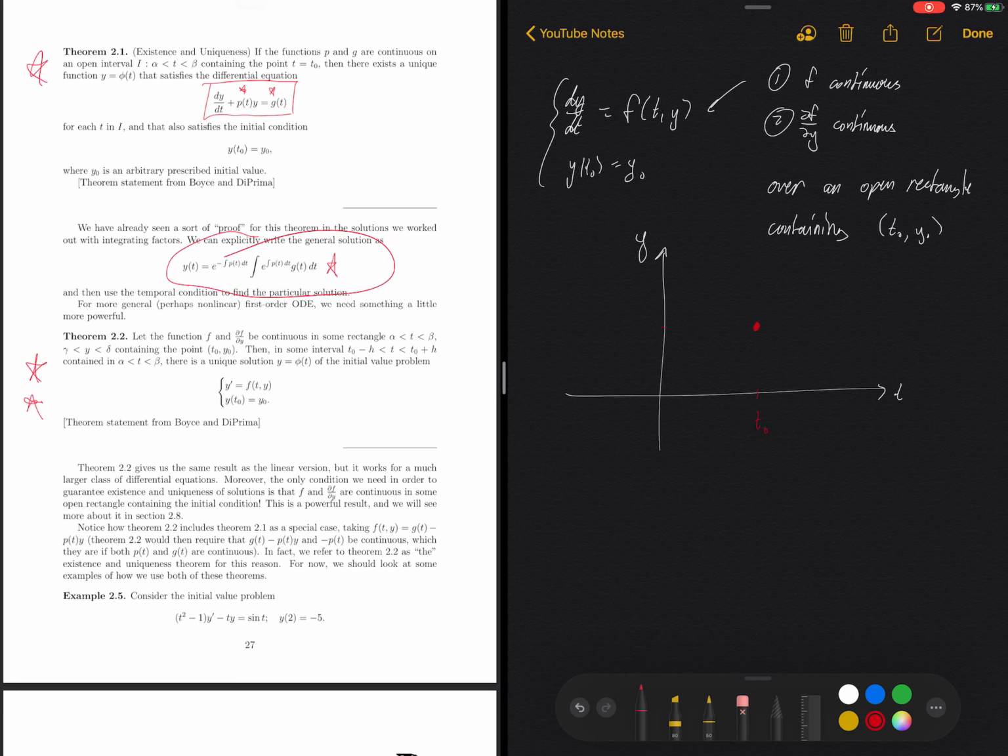If we are doing this in the plane, we've got t on the horizontal, y on the vertical, and the idea is to put our initial condition out here, in red. So there's t0, comma, y0.